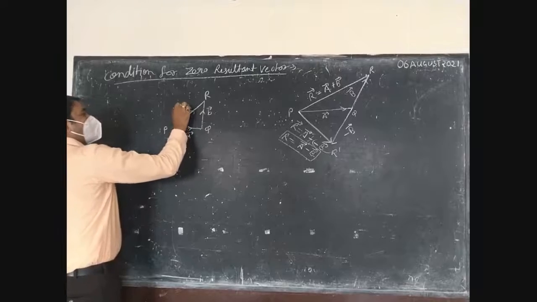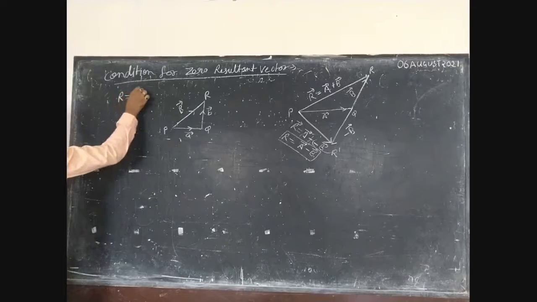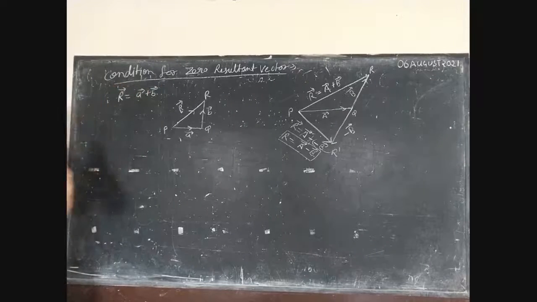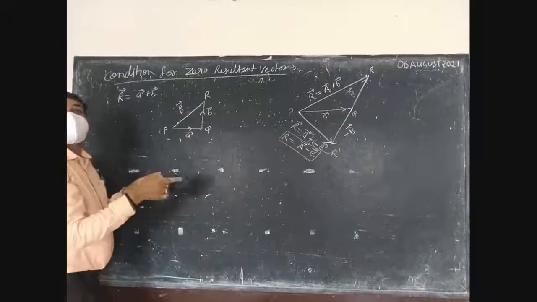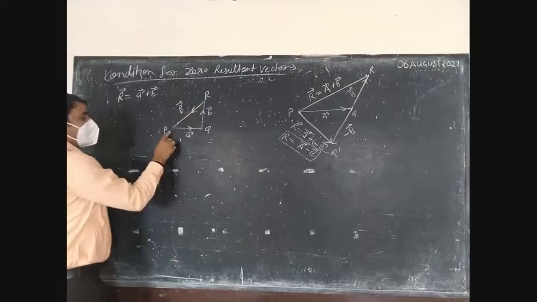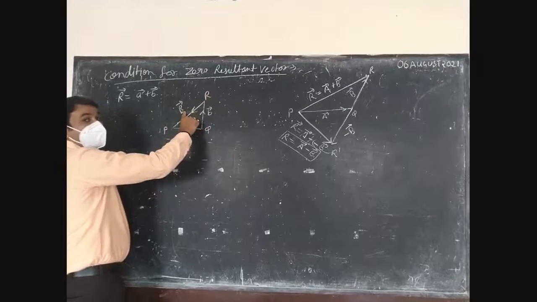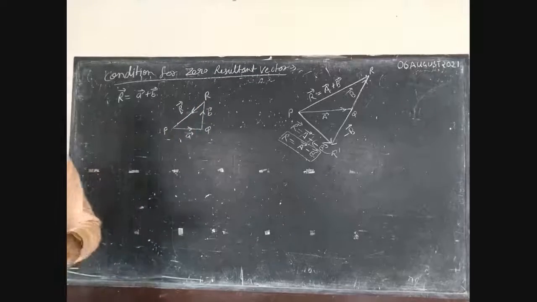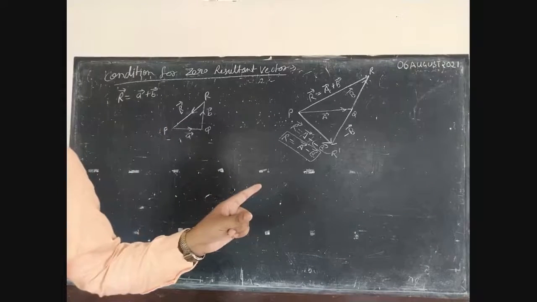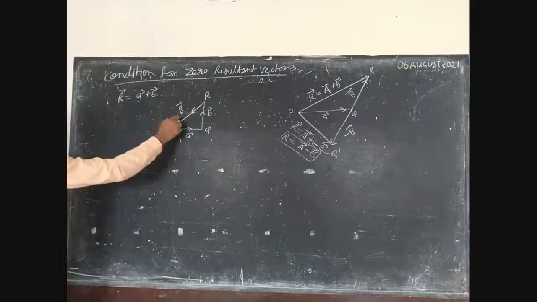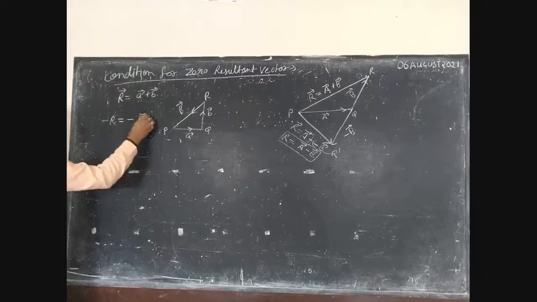This is, let's say, vector R. Then we find the resultant: R is equal to vector A plus vector B. Now, if we take the resultant again in the same direction, that is, vector A along PQ, vector B along QR and vector R for the resultant along QR, which means all three vectors act on a particle in the same direction along the sides of the triangle, then this resultant is equal to minus R, which is equal to minus vector A plus vector B.